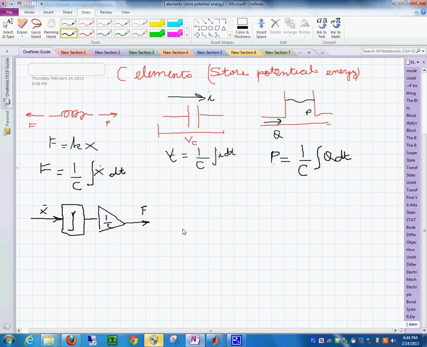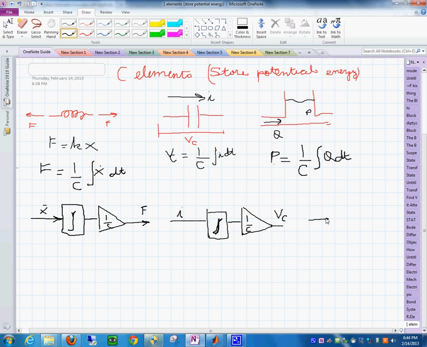If we look at this one, the input is the current in here, and then you get one integration like that, and then you say this is the 1 over C, and out of this comes V_C.